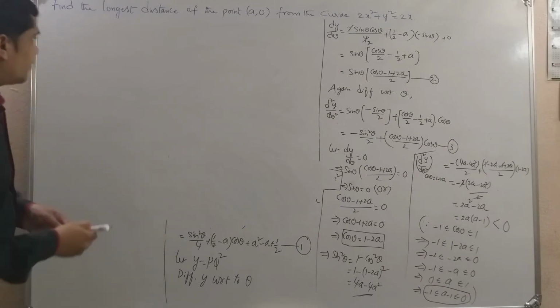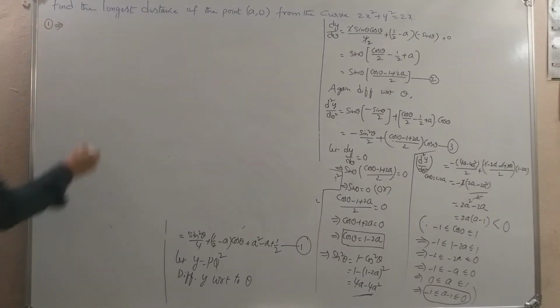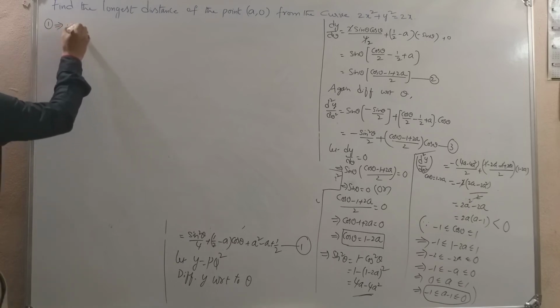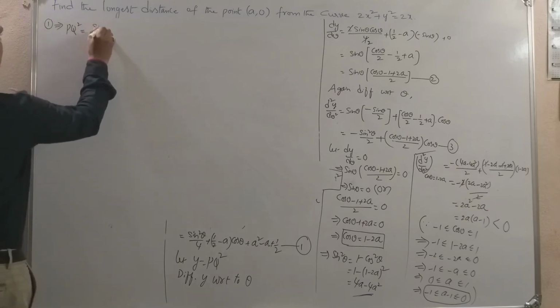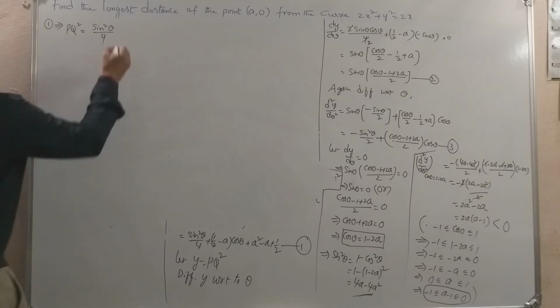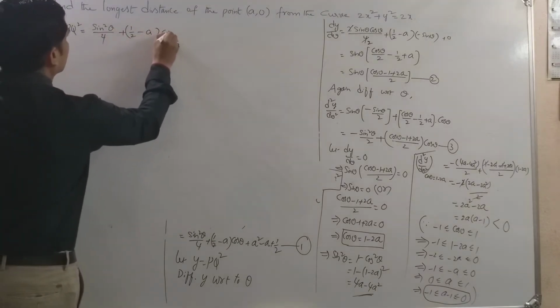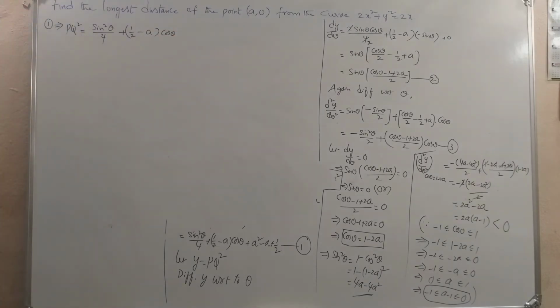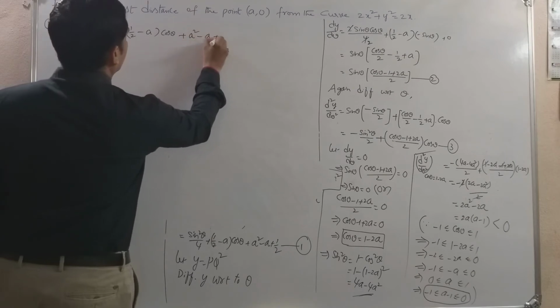In this equation 1, I will substitute the cos theta value 1 minus 2a. So from equation 1, PQ square is equal to sin square theta by 4 plus 1 by 2 times (1 by 2 minus a) times cos theta plus a square minus a plus 1 by 2.